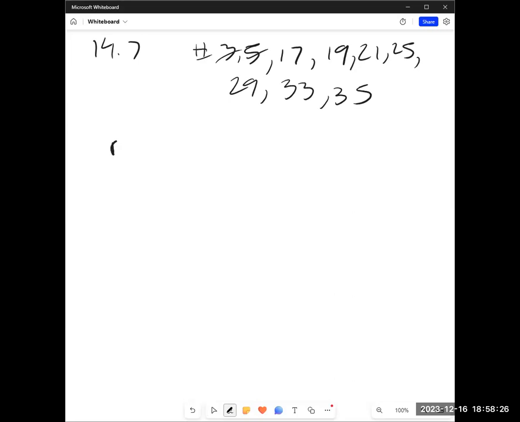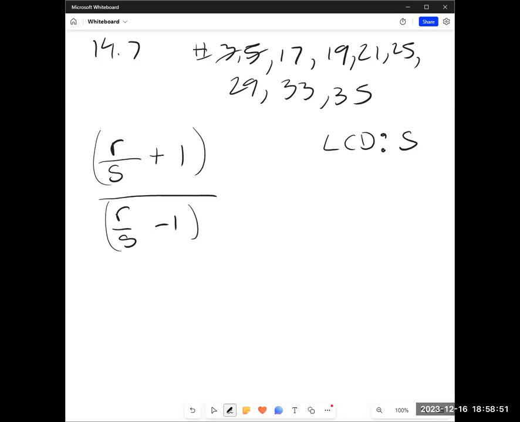So now we have r over s plus 1 over r over s minus 1. So I'm going to use method 2 here. Method 2 is to look at the LCD of everything here, which is going to be s, because these have denominators of 1. They're hiding here. So I'm going to multiply top and bottom here by that LCD of s.